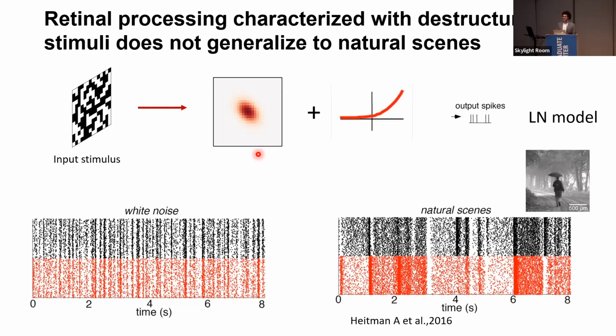Usually it's obtained with white noise, and this is because if this H was a property of the neuron that generalized to any stimulus, then this shouldn't matter. You can estimate H on natural images.